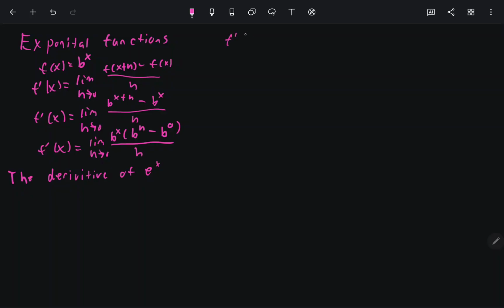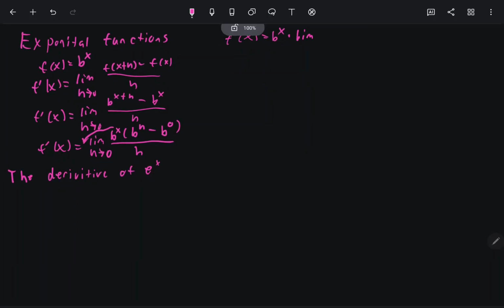Well, f prime of x is equal to b to the power of x times by the limit, as we can bring this b to the power of x outside because it doesn't have an h in it, of h approaches 0 of b to the h minus b to the 0 all over h.